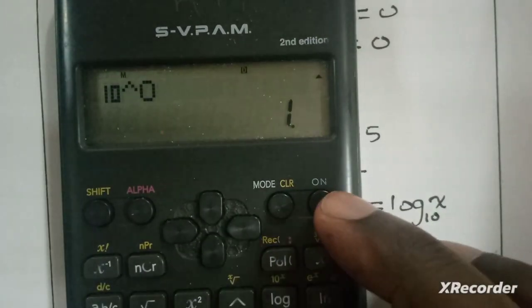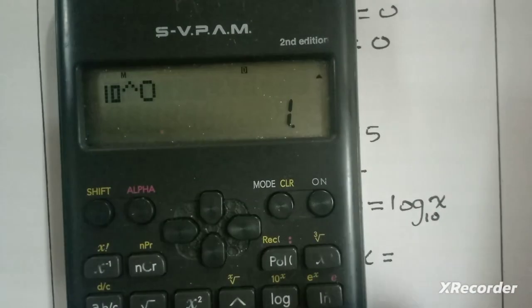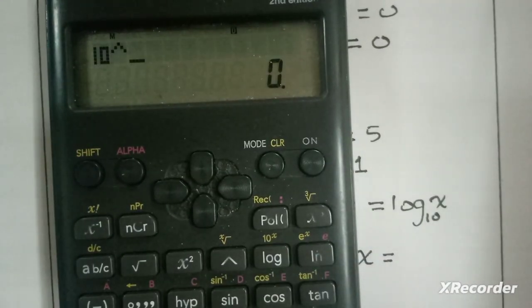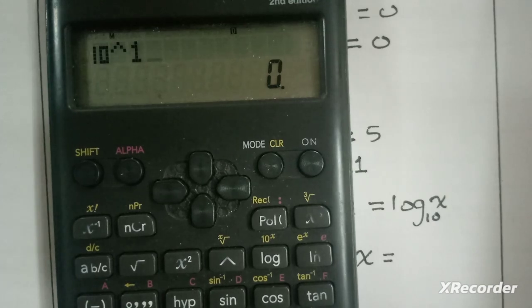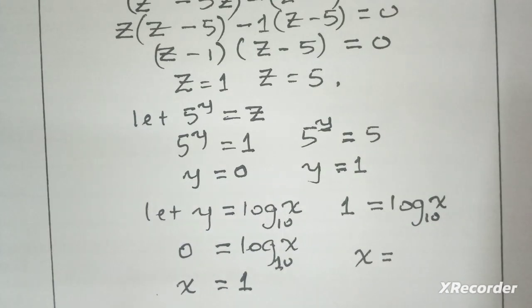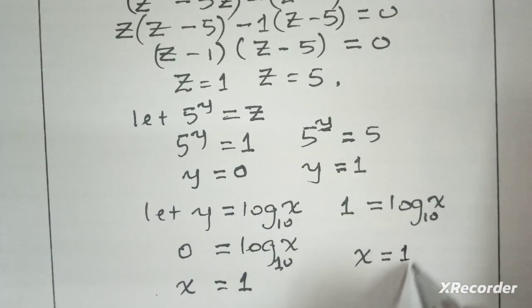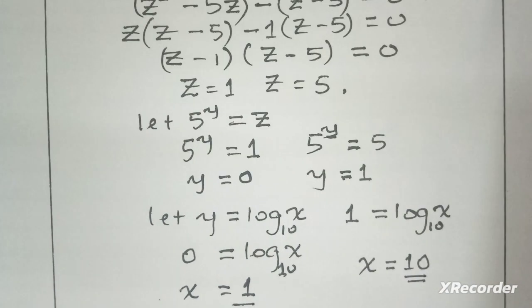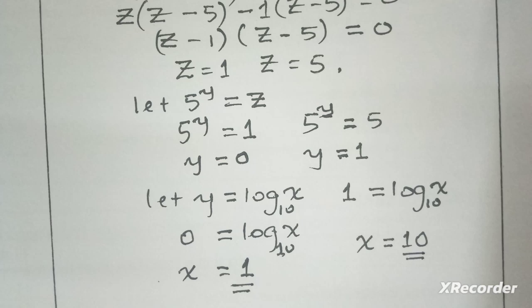That is shift log 1, or 10 raised to 1. This one gives us 10. So this is supposed to be 10. So guys, those are our solutions, even as we can see there above.